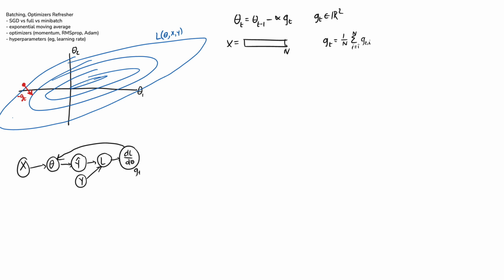We'll just notate it like this. g_t^i is the gradient computed for data point i. So basically, just take the average gradient across all the data points, and that would give us the actual true gradient.